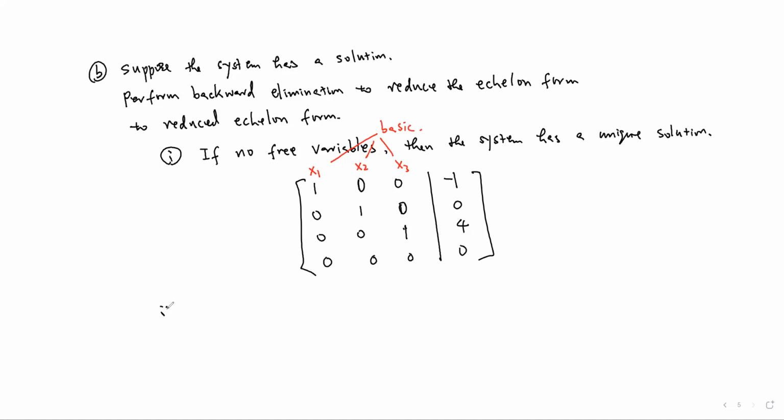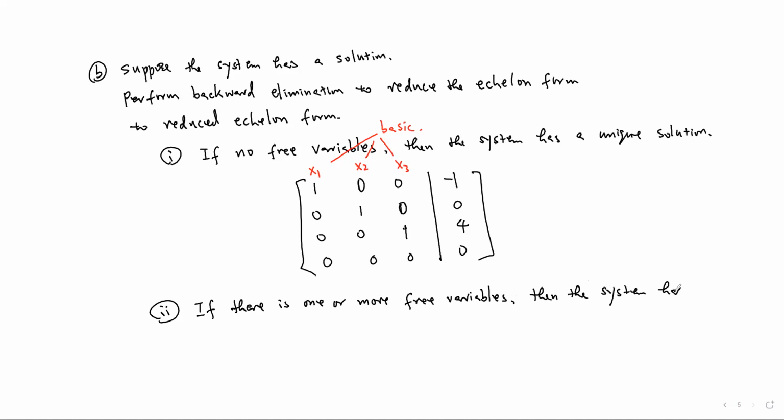On the other hand, if there are one or more free variables, then the system has infinitely many solutions.